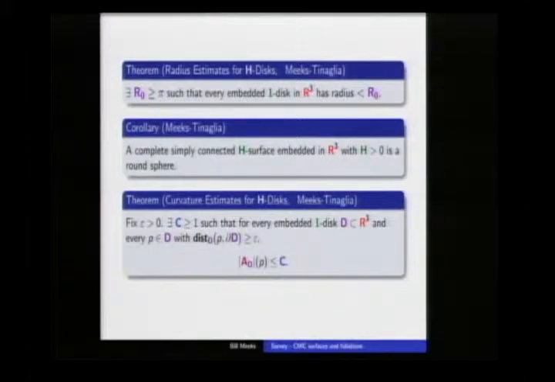Notice that in this statement I have one disk. In a little bit, I'm going to try to get a much more universal curvature estimate. But this is easier to understand.